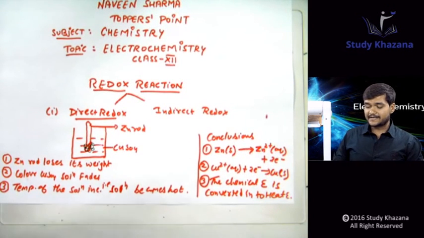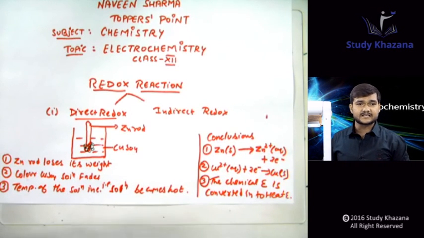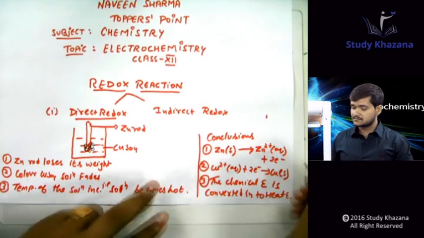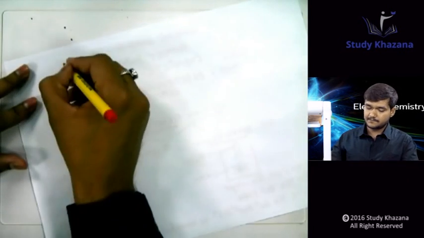So a direct redox reaction is one in which the oxidation and reduction take place in the same container. Now you will ask where the oxidation and reduction occur. I will tell you.